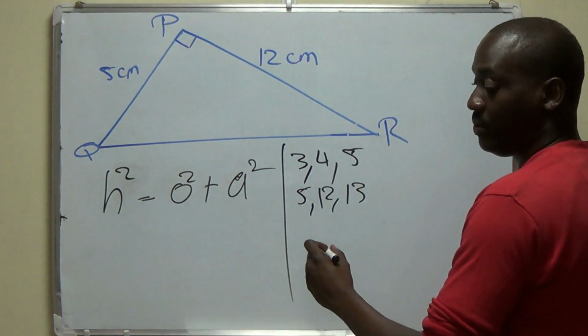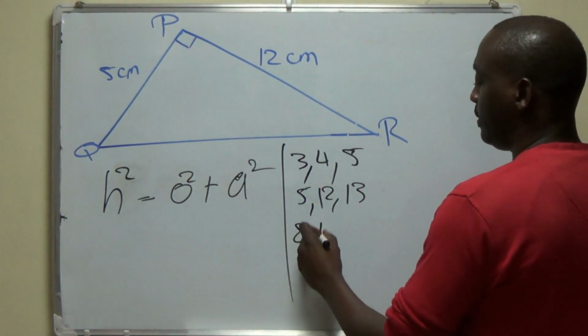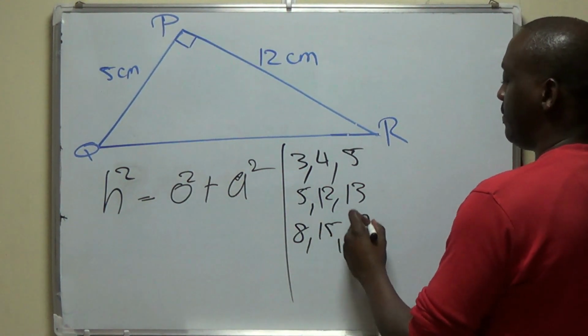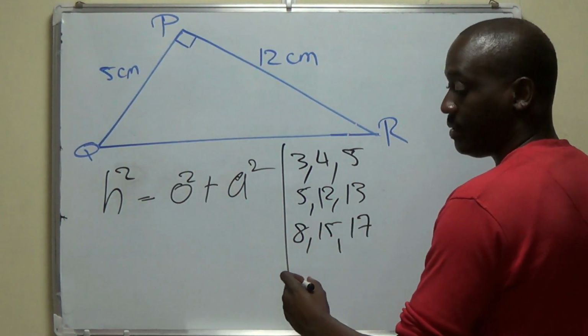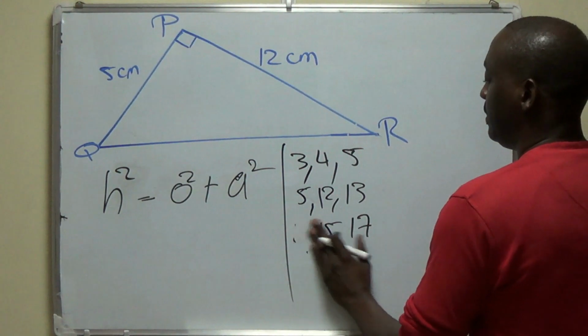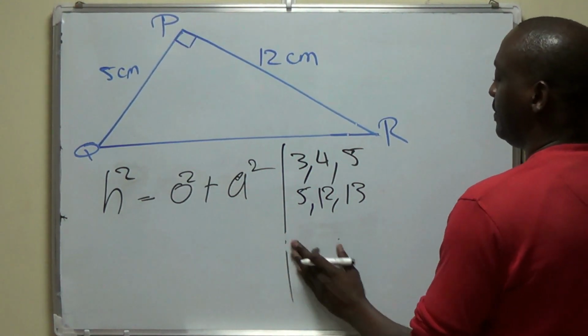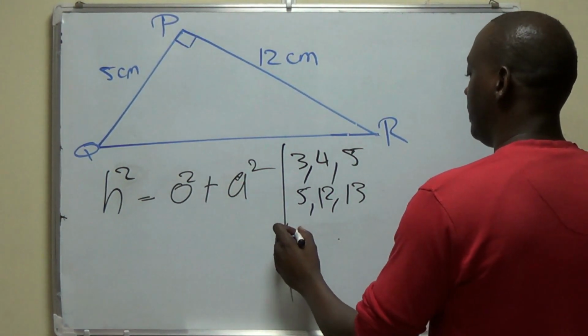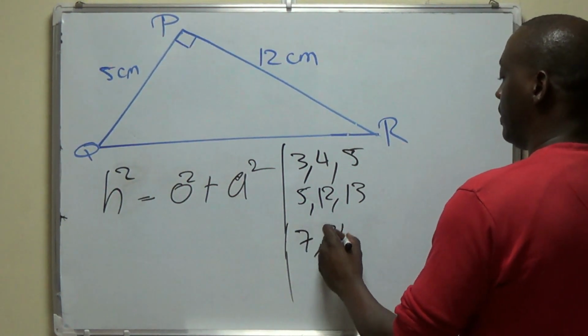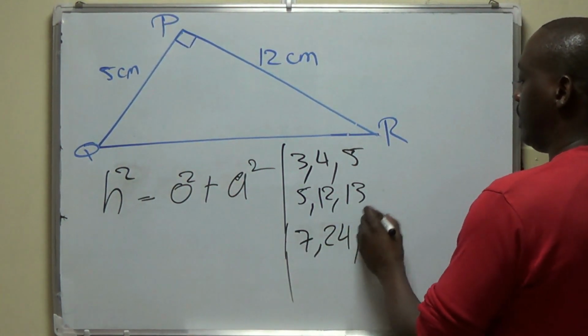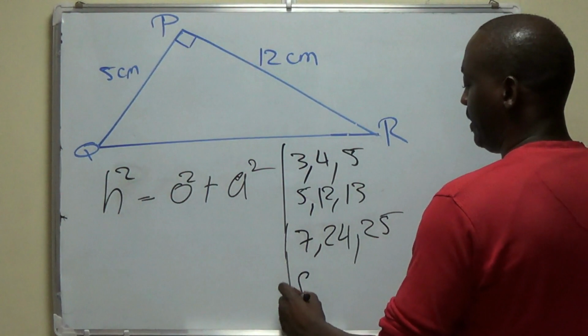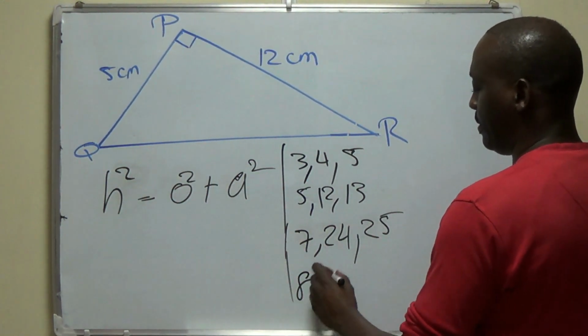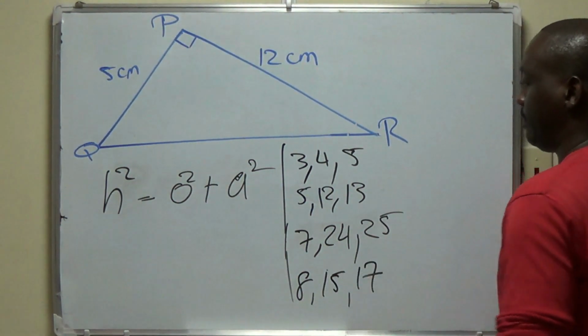We also need to know 8, 15, and 17. And then there's the last one. Well, no, let me start with the smallest number, right? 7, 24, and 25. And then you have 8, 15, and 17.